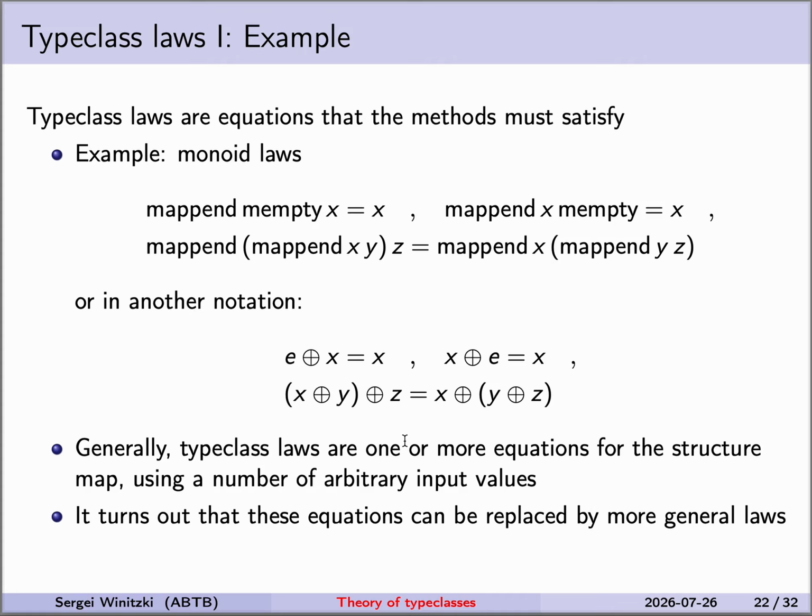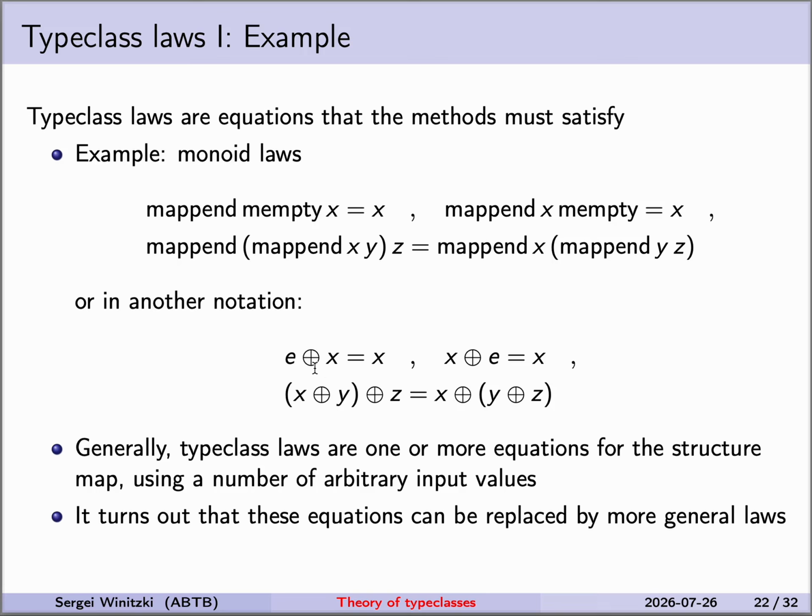So in general there are one or more equations for the functions that are methods of the type class. And in our formulation of type classes for the purposes of the theory, we unite all of those type class methods into a single value, which we call the structure map, which for algebraic type classes is a function of type P t to t, where t is the type class member type.